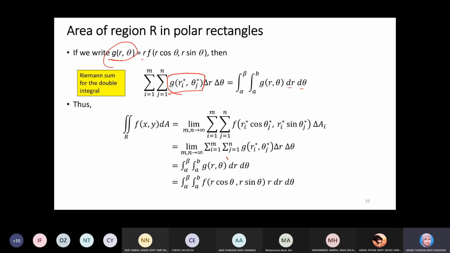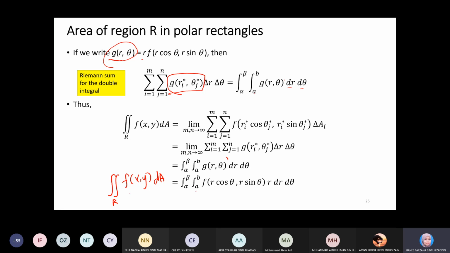So to cut things short, if you have the integral over the region R of f(x, y) dA, you convert x and y into r cos theta and r sin theta, and you also change the limits from a to b to alpha and beta.